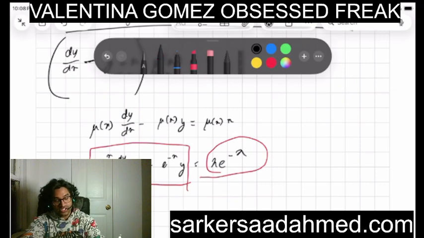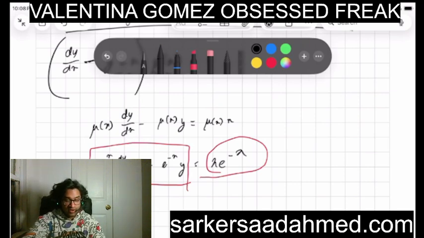And this differentiation correlates to y e to the power minus x, because if I were to differentiate, it's just the product rule, right? If I differentiate y, leaving e to the power minus x constant, then I'm going to have d by dx of e to the power minus x plus e to the power minus x.